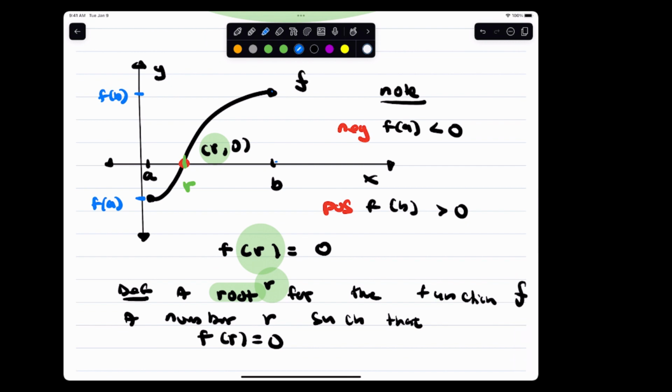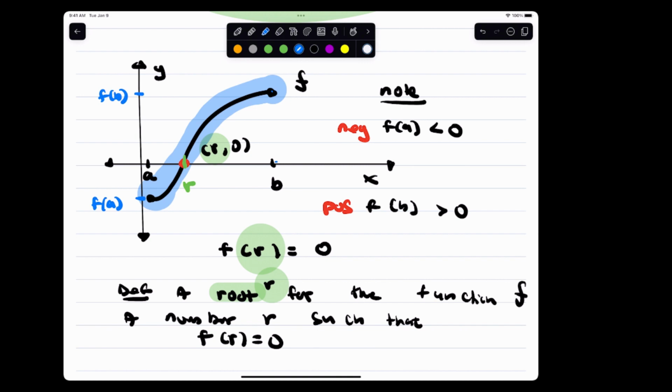So what's nice about the intermediate value theorem is if I have endpoints where one point is positive, one point's negative, those y-axis values f of a and f of b, and f is continuous, then I can guarantee there's at least one root in the function.